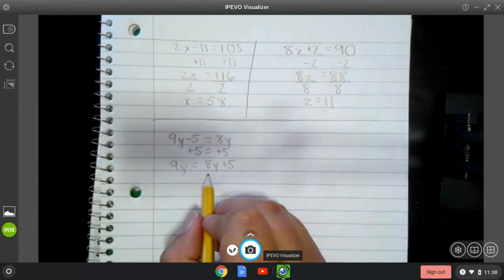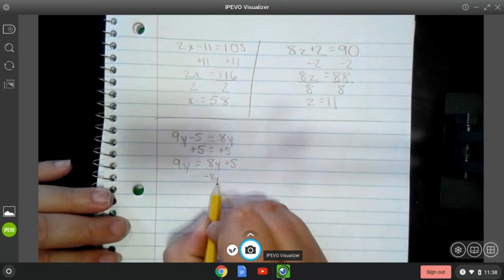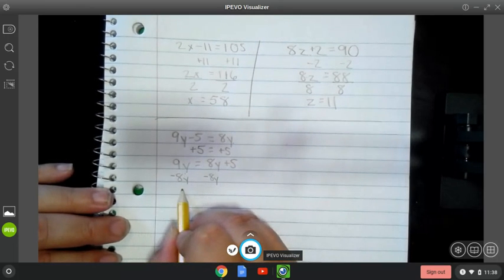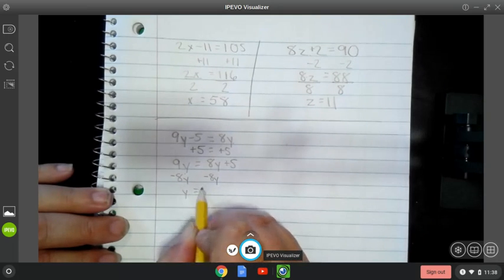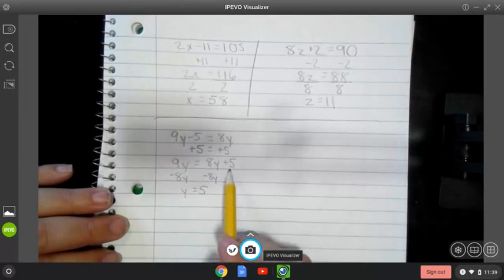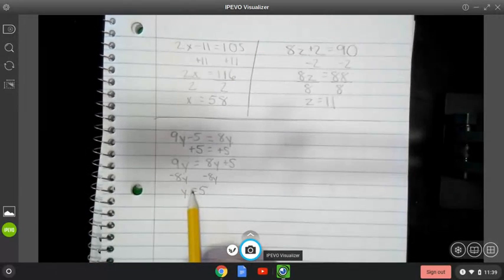So this is a positive y, and we're going to subtract 8y from both sides. That's going to give us 1y, or just y, and y is going to equal 5, because we brought our 5 down here and subtracted our 8y, and it gives us 5.